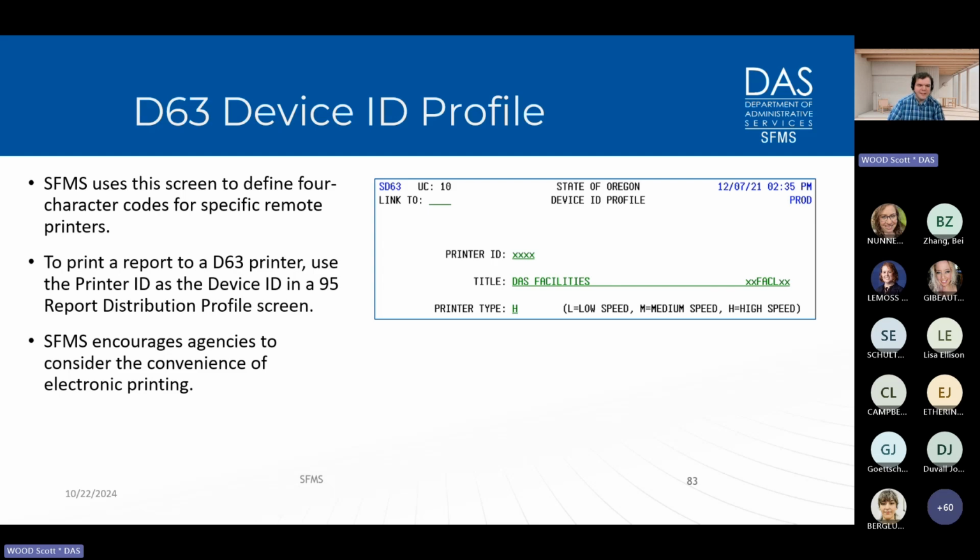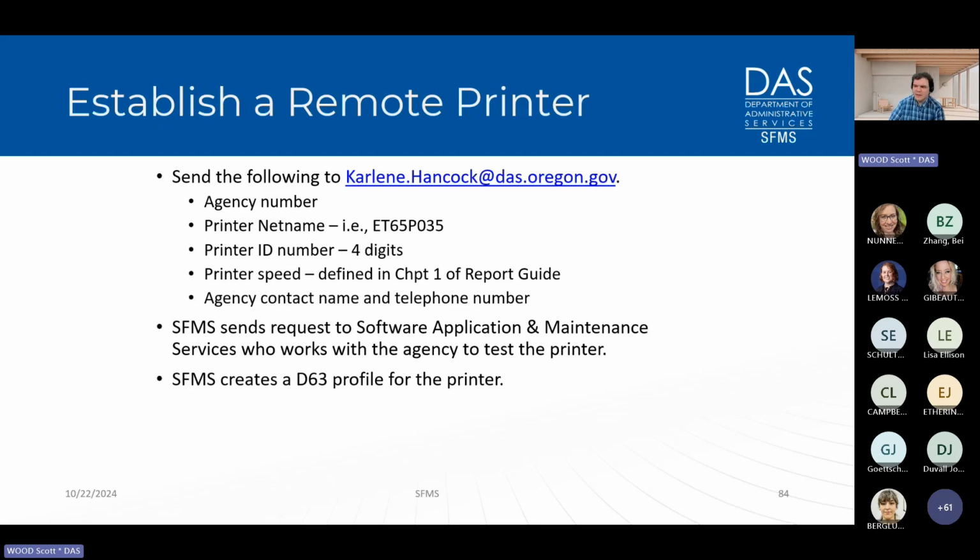We highly encourage agencies to consider the convenience of electronic reporting. This is an option, but we strongly encourage electronic reporting. To establish a remote printer, you will need the following: agency number, printer net name, printer ID number, printer speed, and the agency contact name and telephone number.